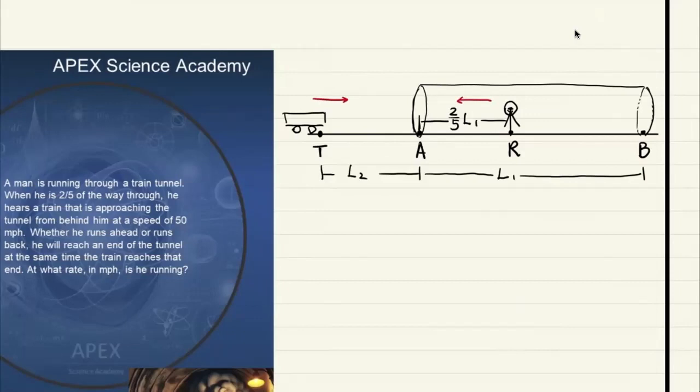Which means it's going to take the same amount of time for the train to go from T to A and for the runner to go from R to A. So let's calculate the amount of time it takes for the train and the runner to reach the point A. We know that time is equal to distance over speed.